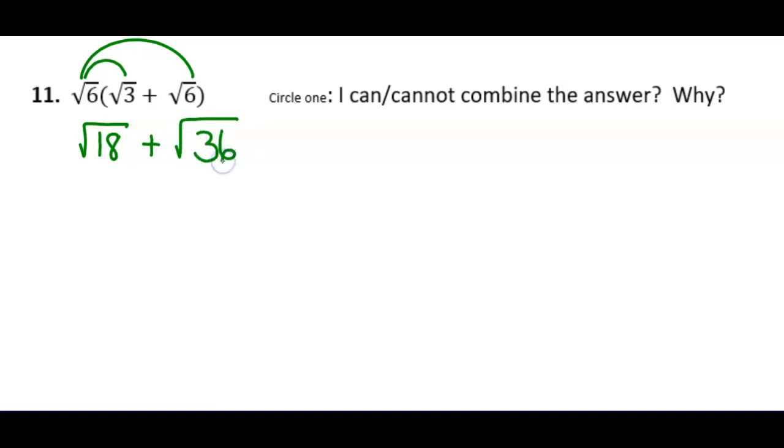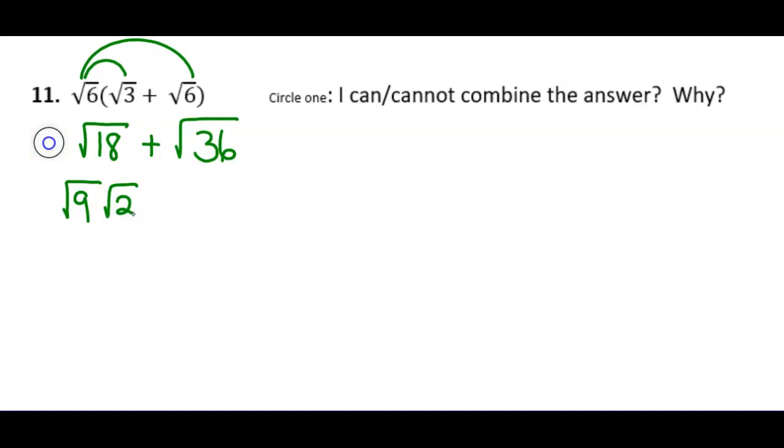I'm hoping that you notice, hey, there's a 3 in here and there's a 3 in that 6. So if I'm going to do this right, I can do both methods. I can do the square root of 9 times the square root of 2, because I can't leave that 18 like that. It's not in standard radical form.